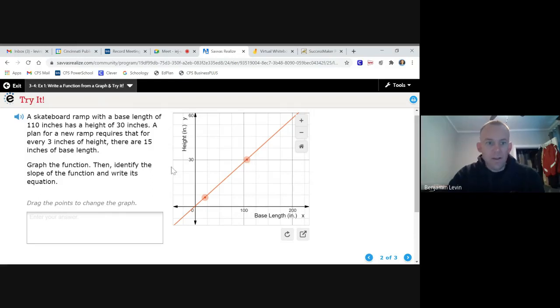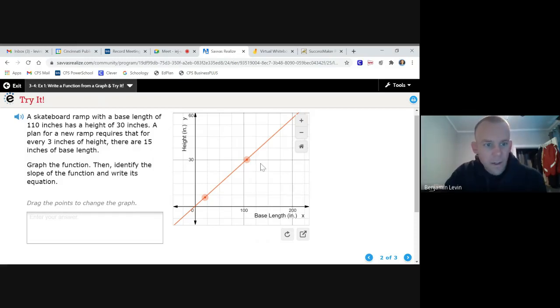110 comma 30. So then it says a plan for a new ramp requires that for every 3 inches of height, there are 15 inches of length. So graph the function. So it's telling us again our slope, 3 over 15, 3 comma 15.